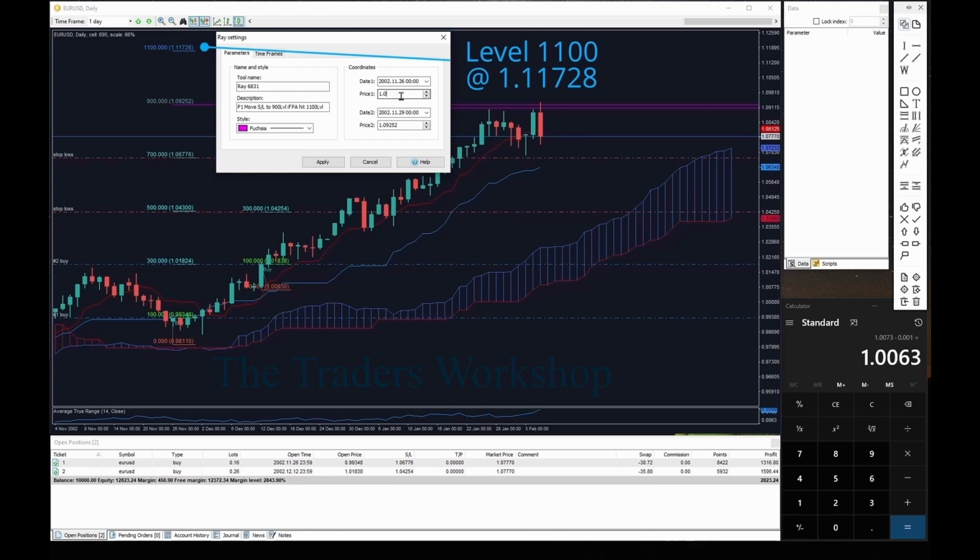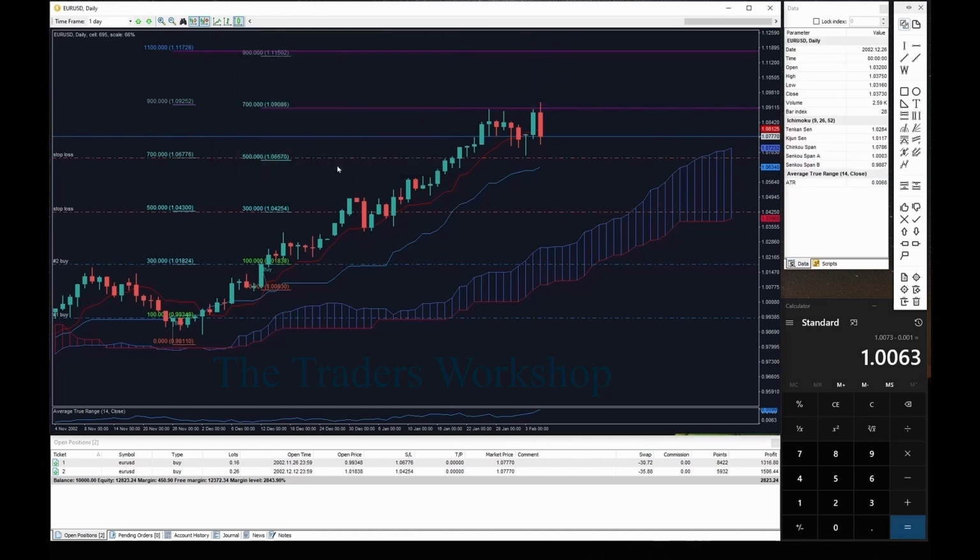Now, the new price level should be at level 1100, which is at 1.11728. And we're done with position 1.